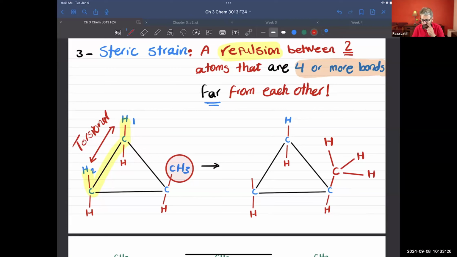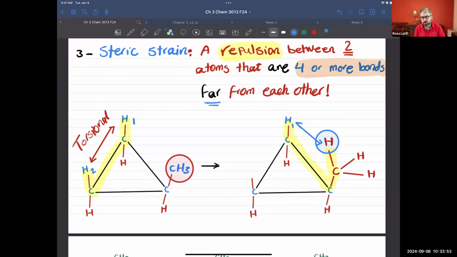Now what will happen? This hydrogen is going to be too close to that hydrogen. How far are they from each other? 1, 2, 3, 4 bonds. It looks like there are 4 bonds between them, but the 4th bond is in fact bringing this hydrogen atom closer to hydrogen number 1.